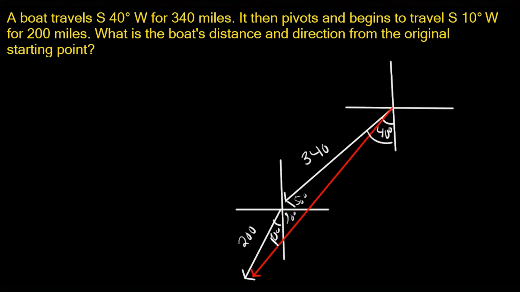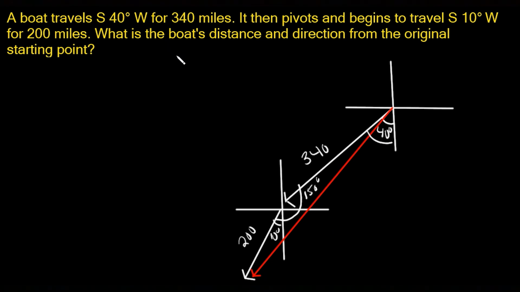So I'm doing 10 plus 90 plus 50, and that's going to give me 150, okay? So this entire angle inside here is going to be 150 degrees. All right? And so from here, I have side angle side.